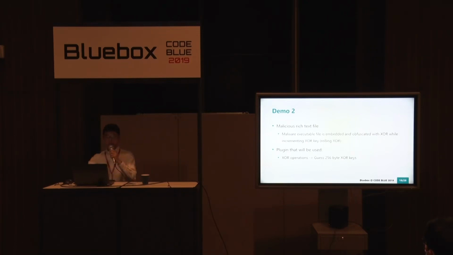And to decode this sample, I use the plugin called guess 256 byte XOR keys. I use this plugin because if you use rolling XOR, it sometimes produces cyclic 256 byte patterns. So I use this plugin.